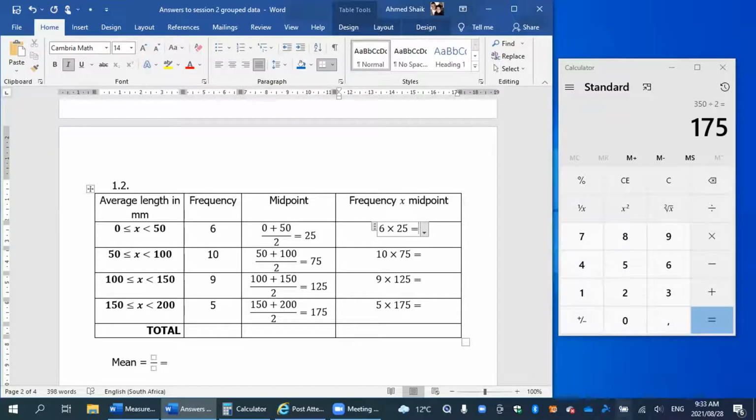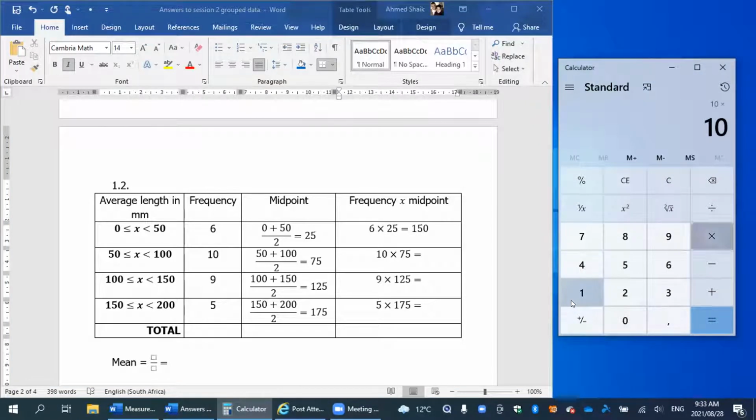Okay, so let's work out our frequency times midpoint column answers. Our first calculation would be 6 times 25, and that gives us 150. Second calculation is going to be 10 times 75, and that equals 750.